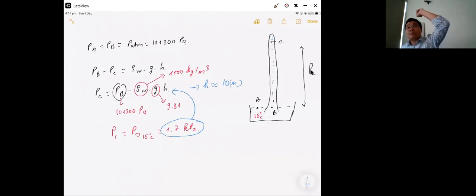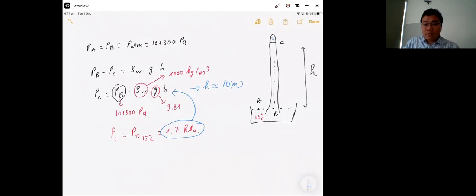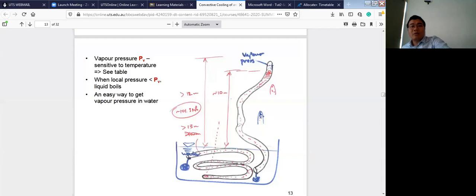It means up to more than 10 meters, water will boil at C. That's why in this experiment, the distance from the water surface to point C here is more than 10 meters.